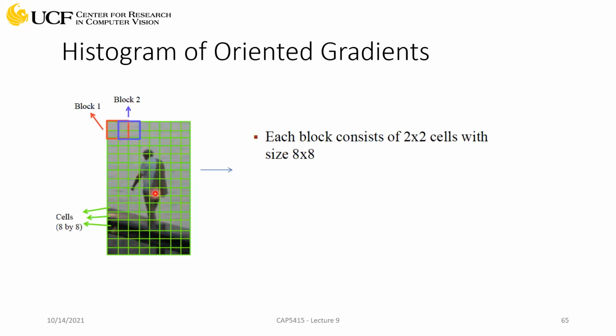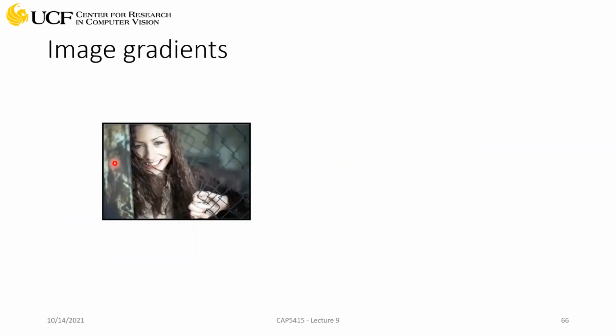So this will be a huge vector, but that's how we extract histograms of gradients. Again, there are some parameters like how you slide your blocks. In this case, the stride is one cell at a time. You can also stride 2 cells at a time. Okay, so that's pretty simple.